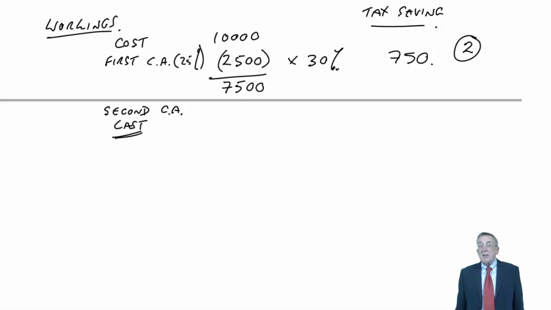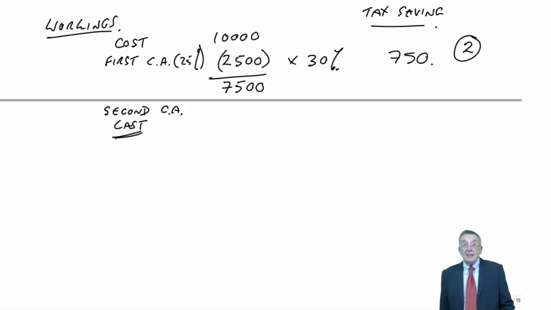And the rule is, this is one tax rule that you do need for the exam. The rule is that in the final year, the year you sell it, you don't get 25%. You get all the remaining allowances.